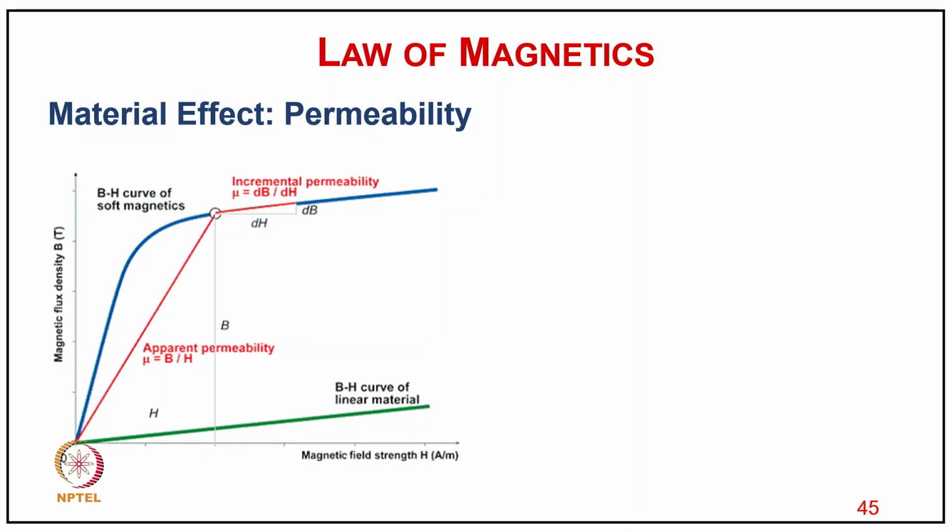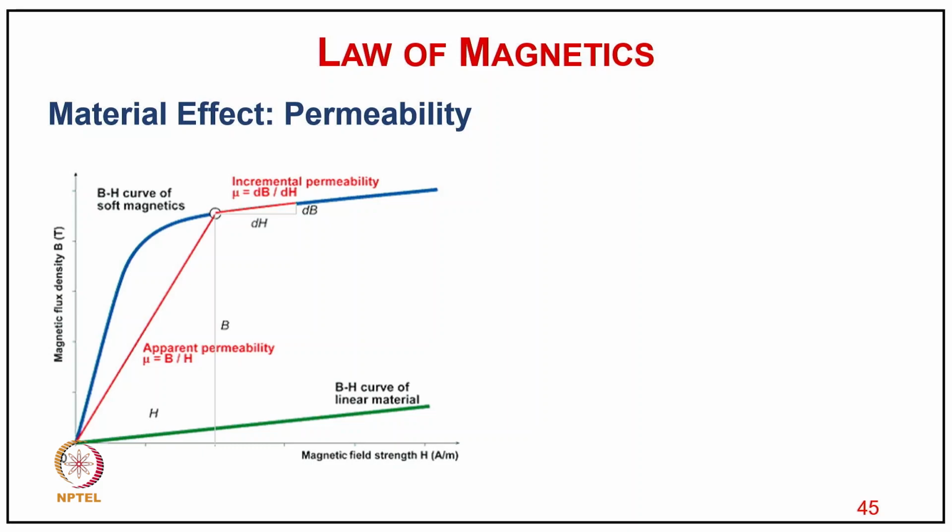But when we have a ferromagnetic material like a soft magnetic material, after a certain field strength it shows saturation properties. In saturation, we define the characteristic in two ways. One is the apparent permeability, that is B over H at a particular point, and then we have the incremental permeability, dB over dH.